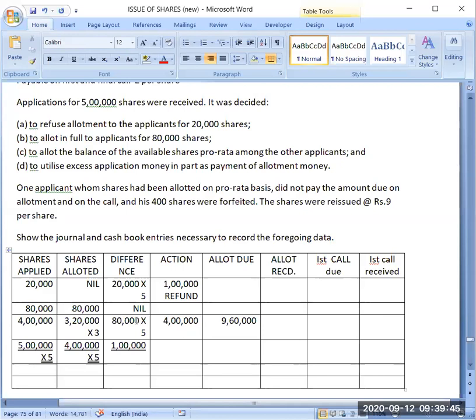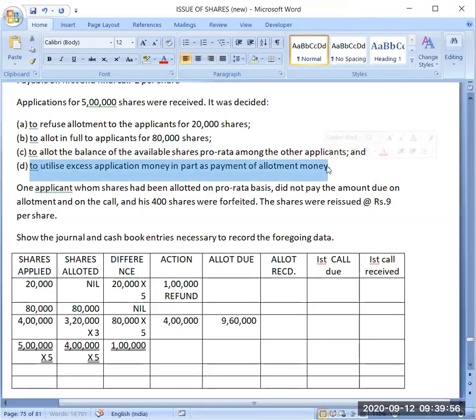First thing. Now see this point also. To utilize excess application money in part as payment of allotment money. That is, you can use excess money only for allotment purpose. You cannot use this money, or whatever excess you are left with after allotment, on calls.